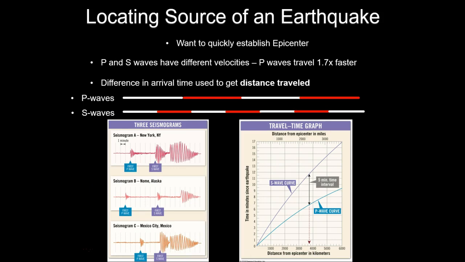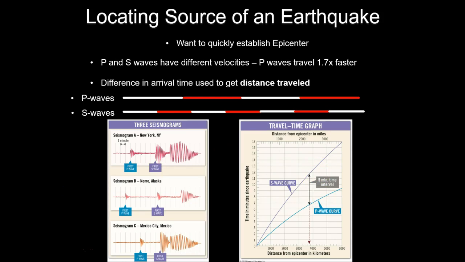So doing the same thing for Alaska, where the difference in arrival time of the waves is about 6.25 minutes or so, then the distance is about 4,400 kilometers or so from the earthquake. So Nome, Alaska is about 4,400 kilometers or so from the earthquake.